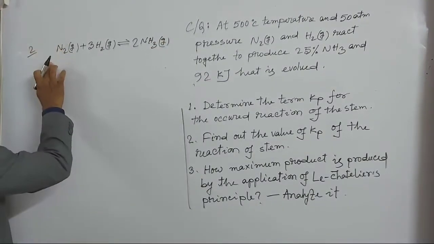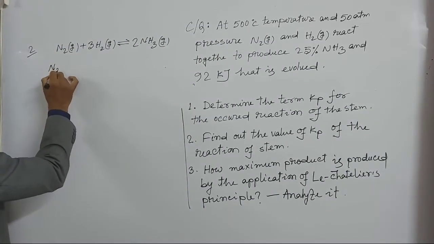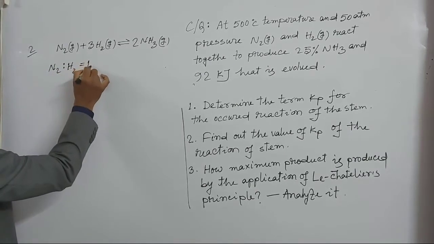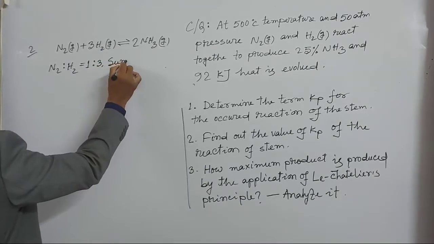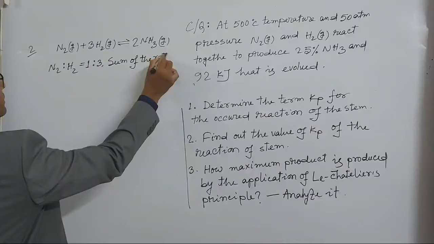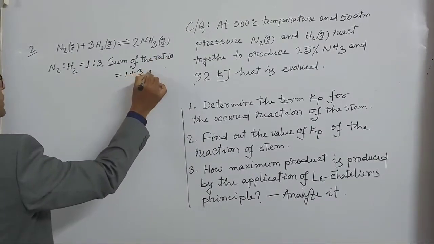And here the ratio of the mole number of nitrogen and hydrogen is 1:3. Sum of the ratio is equal to 1 plus 3 is equal to 4.